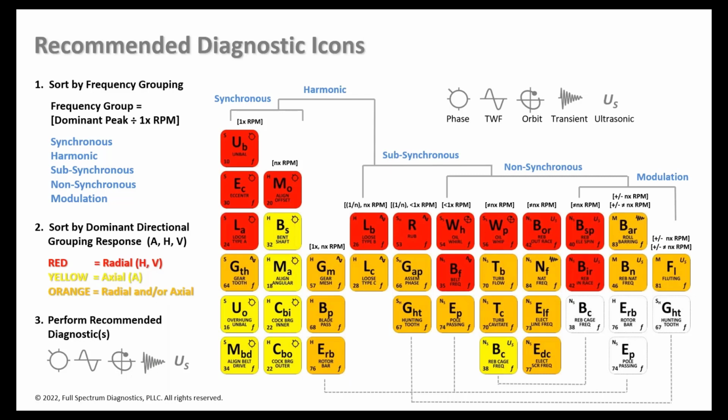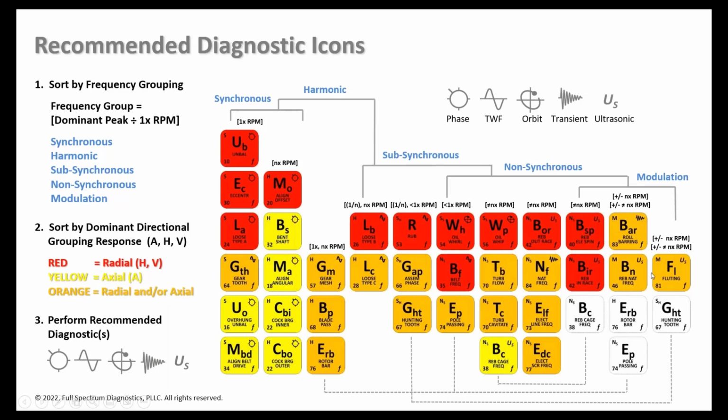So we have probably 15 different problems on this table that can be addressed by ODS videos. The first sorting mechanism is what frequency grouping we have.